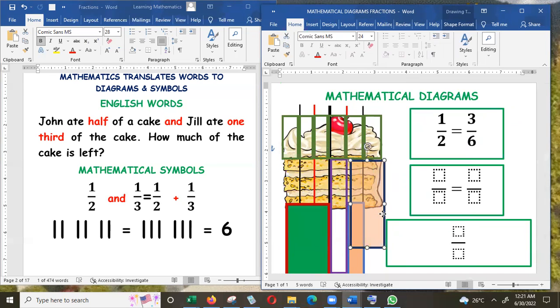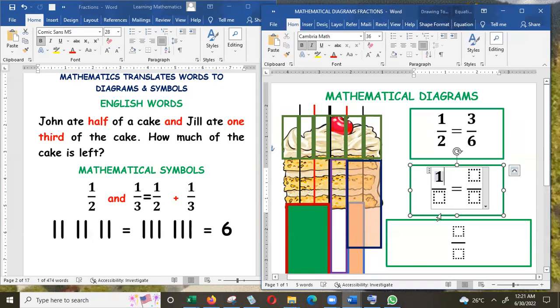So we can clearly see that 1/3 is the same as 2 out of 6. Look at it, 1, 2 out of 6 would give you 1 out of 3. So 1/3, that's this blue rectangle there, is equal to 2 out of 6. 1/3 is the same as 2 out of 6.